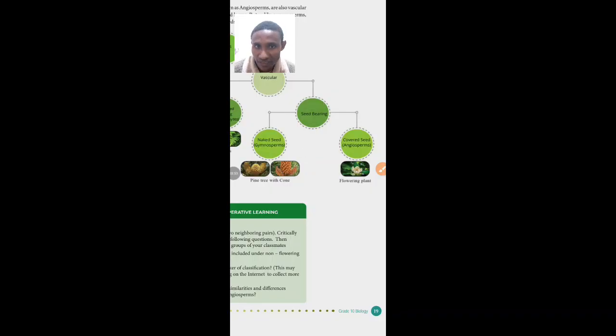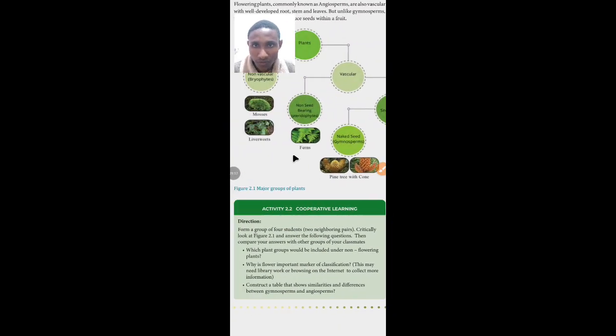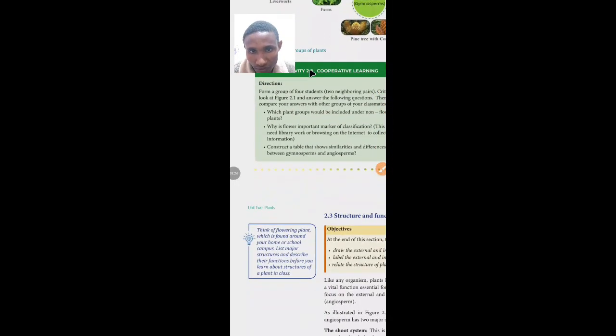But the difference is that the gymnosperm seeds are naked and do not have any fruit, but in angiosperms there is a clear fruit that covers their seed. So shortly, the topic about flowering and non-flowering plants is that.